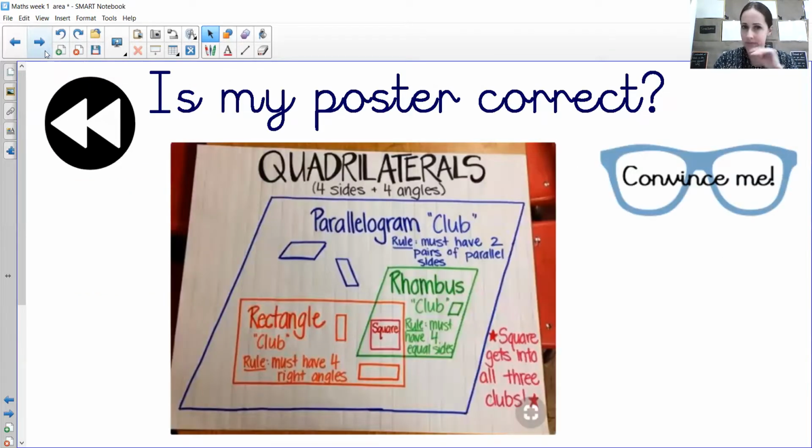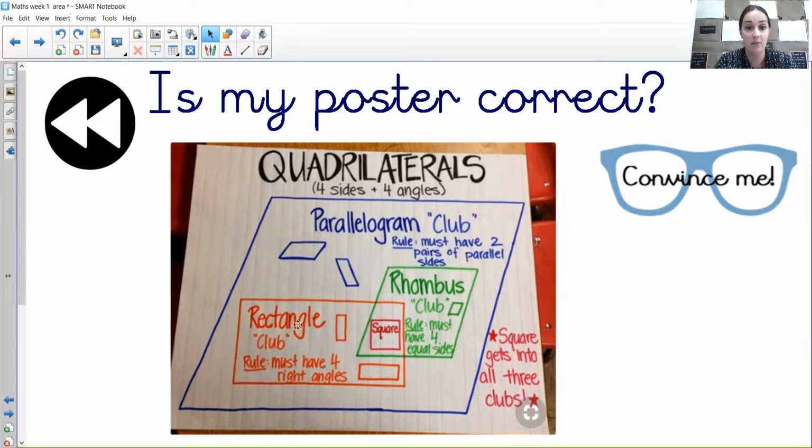Okay, so I hear you say, but there are other shapes that also have 2 sets of parallel sides. Well, have a look at this then. Convince me, do you think my poster is correct or not? So my poster is saying that all of these shapes on here are quadrilaterals, 4 sides, 4 angles. It then says that in the parallelogram club, you have to have 2 pairs of parallel sides.